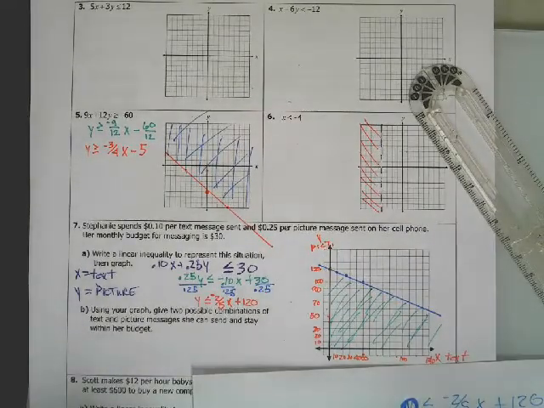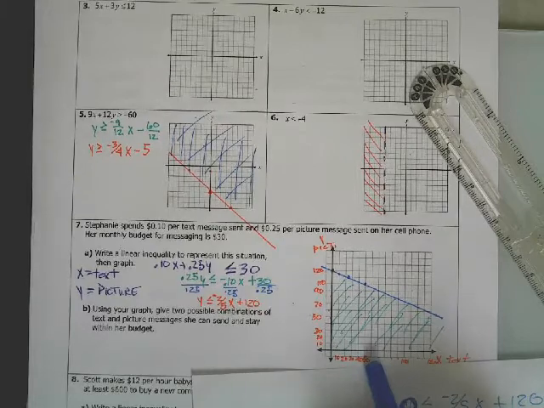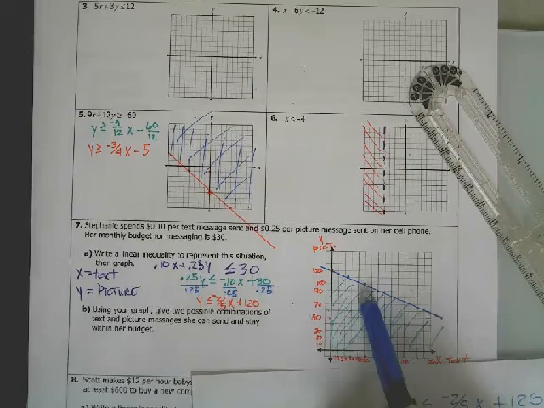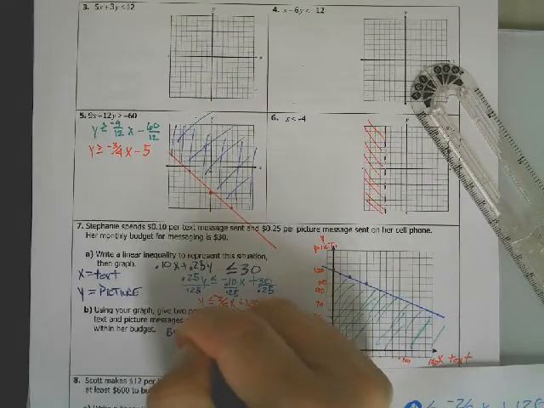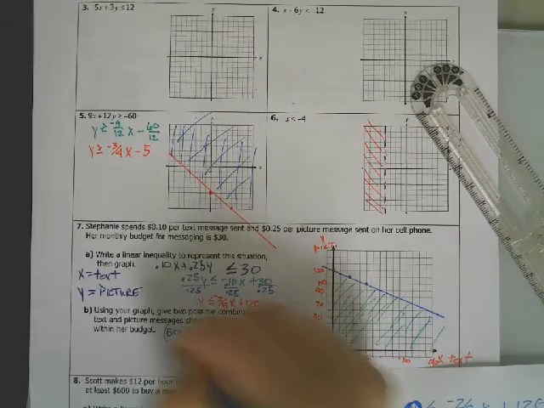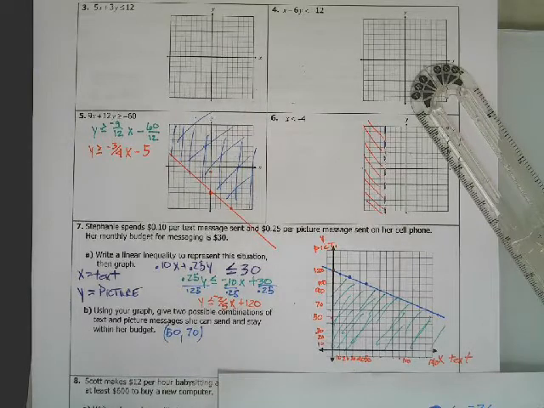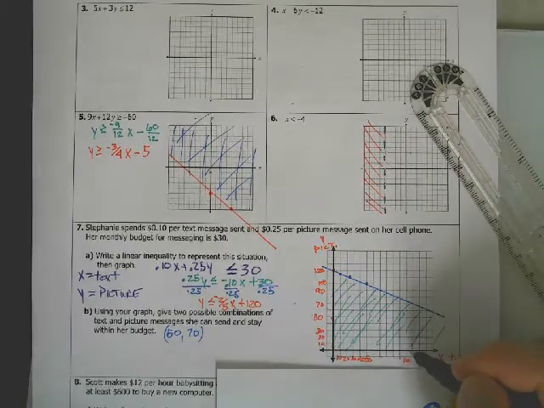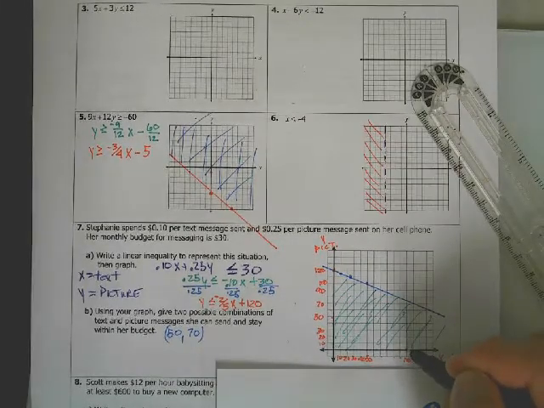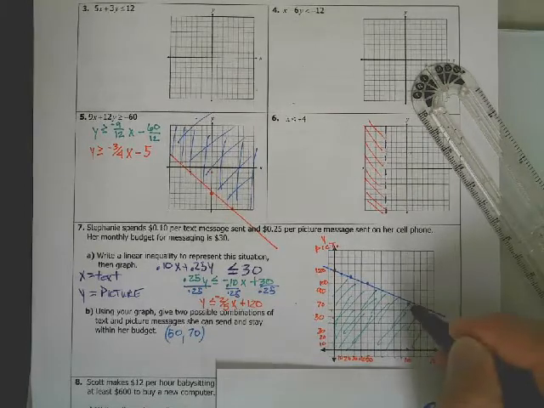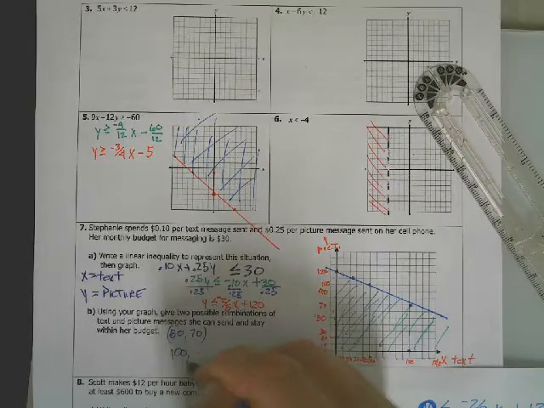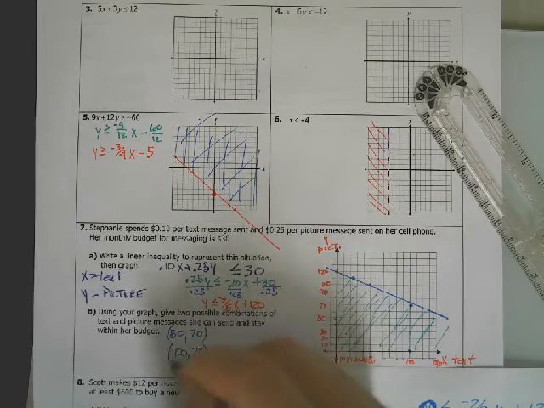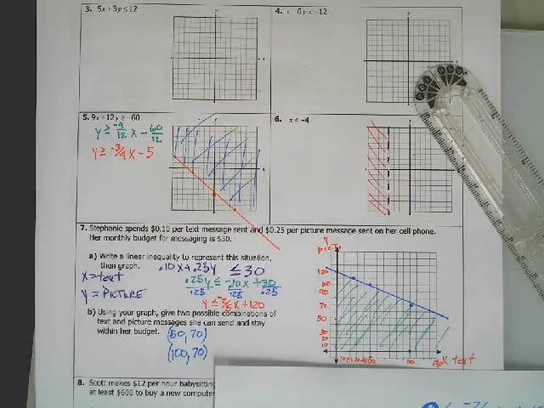A couple of examples, we could do 50 text messages and 70 picture messages, and we'd be below. We could do 100 text messages and 70 picture messages and still be below. So any two that are in the shaded area.